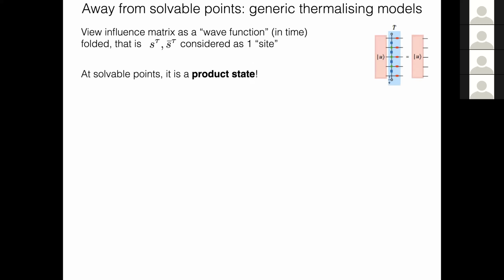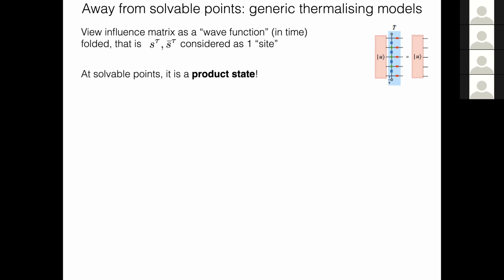Now you see that these perfect dephaser points are quite special. If I view the influence matrix as a wave function in the time domain, I will be thinking about a sort of temporal spin chain, where at each moment of time I have a spin on the forward contour and on the backward contour.